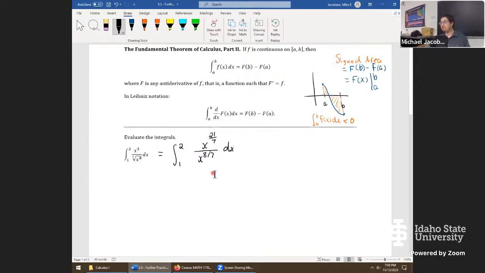We didn't change anything fundamentally about the algebra, but now in this format, we can subtract the exponents. So this is the definite integral from 1 to 2 of x to the power, let's see, take 8 away from 21, and we're now down to 13 sevenths. That's a strange exponent, but that's completely fine. The fundamental theorem doesn't care how weird our exponents look.